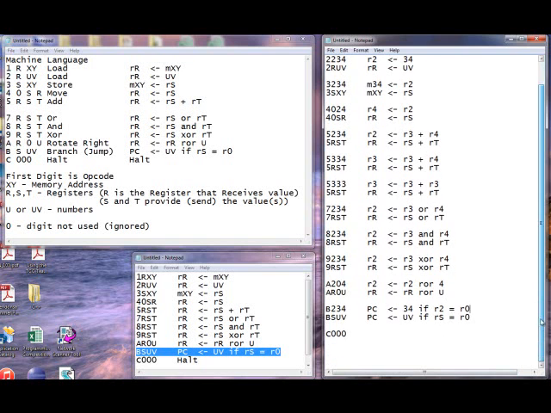Let me do one more example of this type of instruction and show you a special case. Let's say, for example, we have B034. Then according to our pattern here, this would mean that the program counter is going to receive the value 34 if register 0 is equal to register 0.